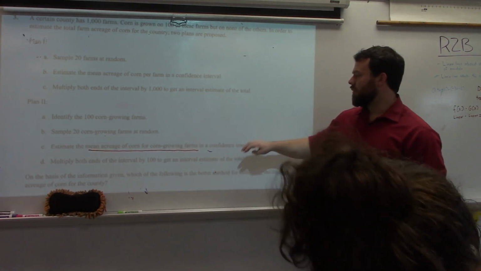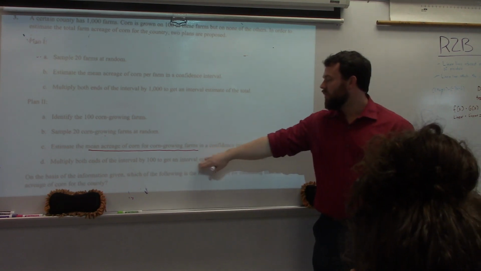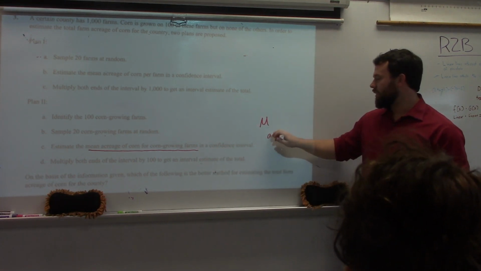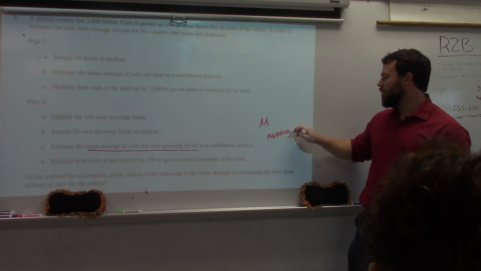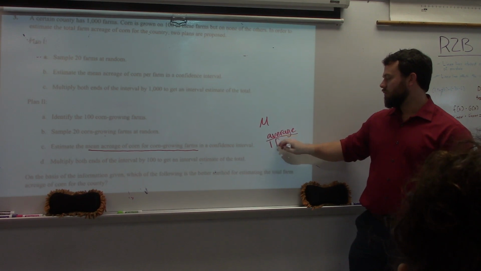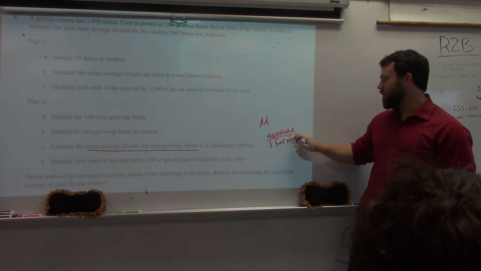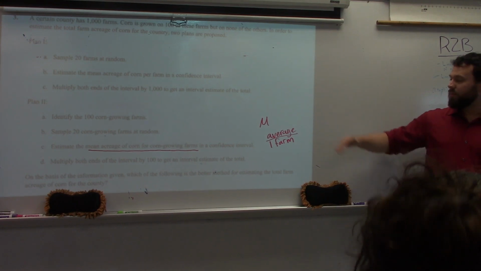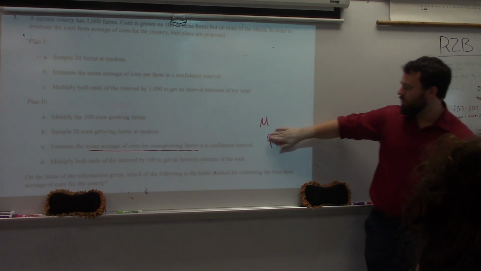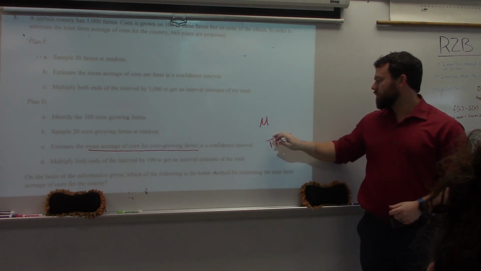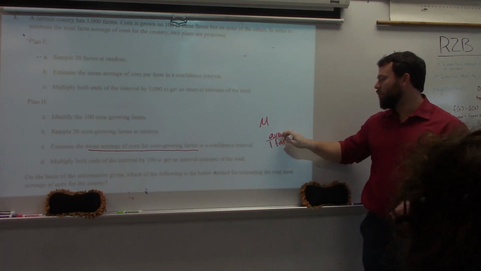When we get this confidence interval, we're estimating mu, which is just the average per how many farms? Per 100. The average would be per one farm, right? Yeah, average per one farm.